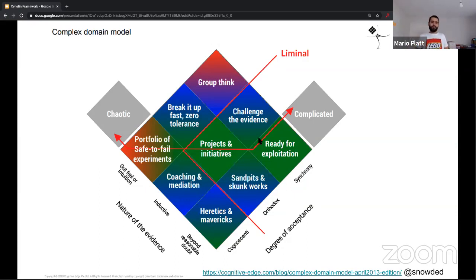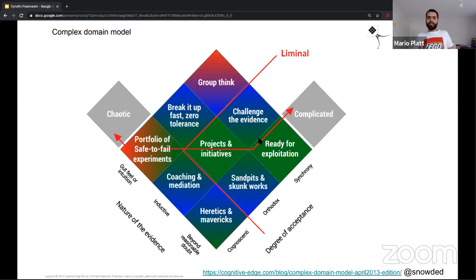This may mean that it's ready to be moved into the complicated domain. In the middle, we have projects and initiatives, which are experiments with coherence that you're keeping there in order to test and improve their stability, as we should do in the complex domain. So that's the beginning of the liminal part.